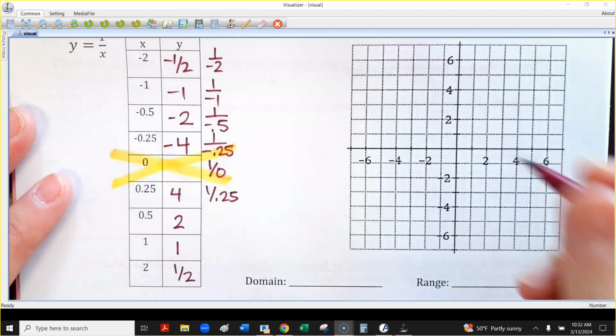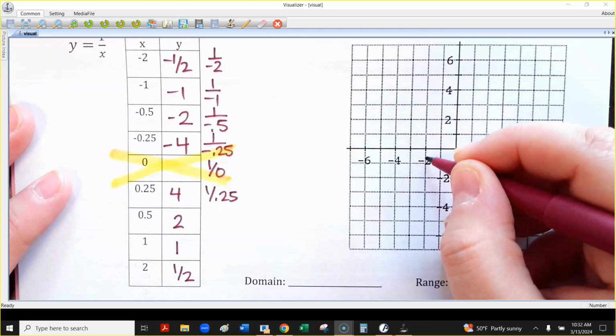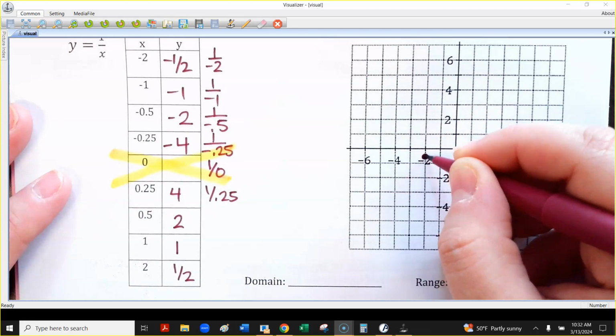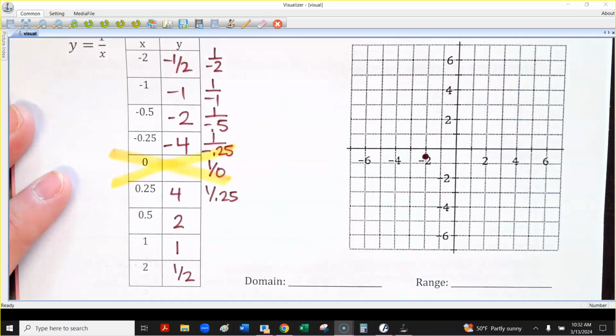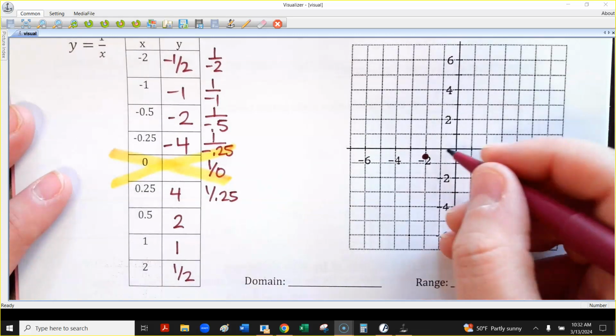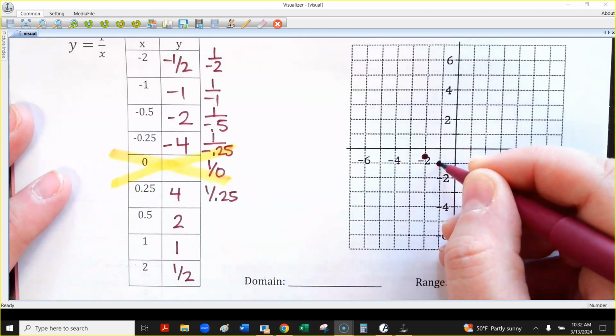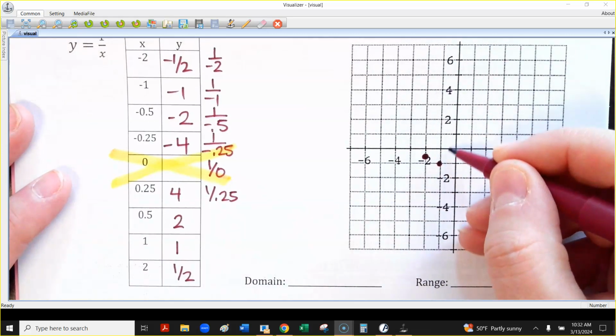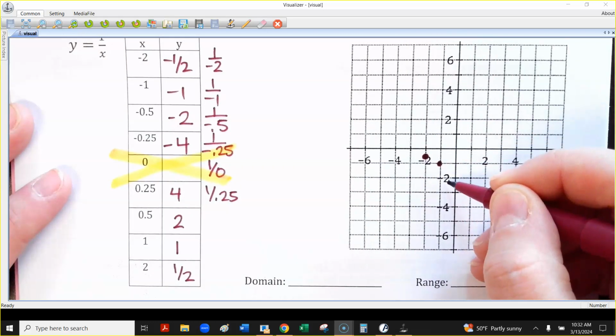So if I do -2, -1/2, just try your best to go kind of halfway in between the -1 and the 0. And then if I do -1, -1, that's a nice point. Then -1/2, just go halfway between -1 and 0, and then we'll go down to -2.